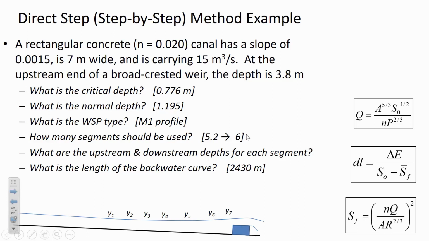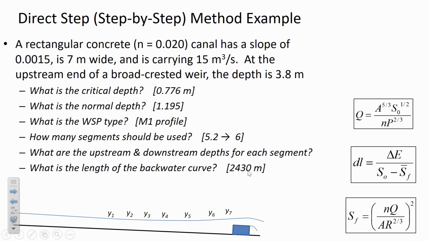With HEC-RAS, it's going to be quite a lot easier to replicate cross-sections and maybe get more accuracy because we're dividing it up into a lot more reaches. We calculated that from this measured location up to where it matches back up with the normal depth was about 2,430 meters.